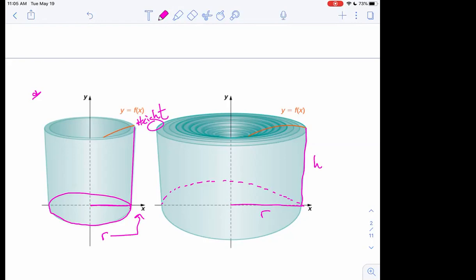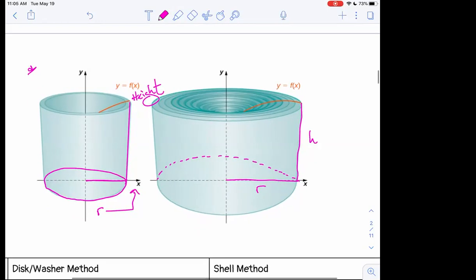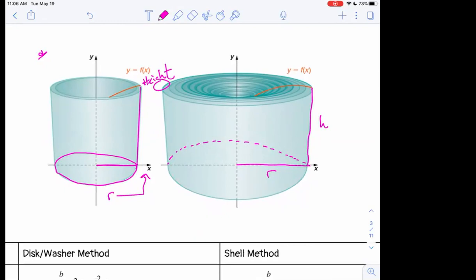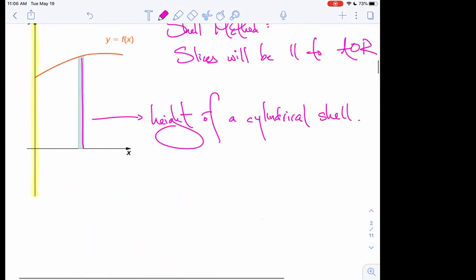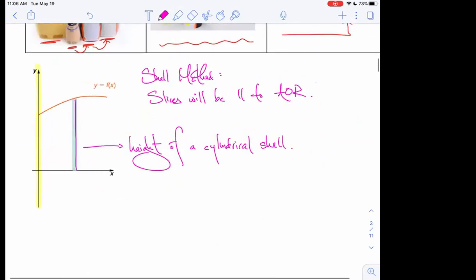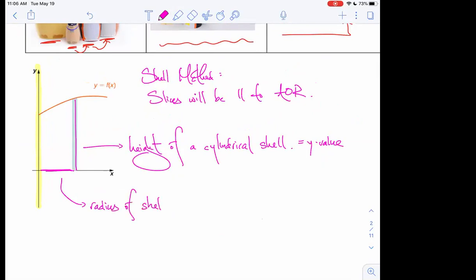Okay, so let's summarize that a little bit. Let's say that if we are revolving around the y-axis, so let's go back to this picture for a moment, if we revolve around the y-axis, the height of the shell is the y value, and the radius of the shell is the x value.